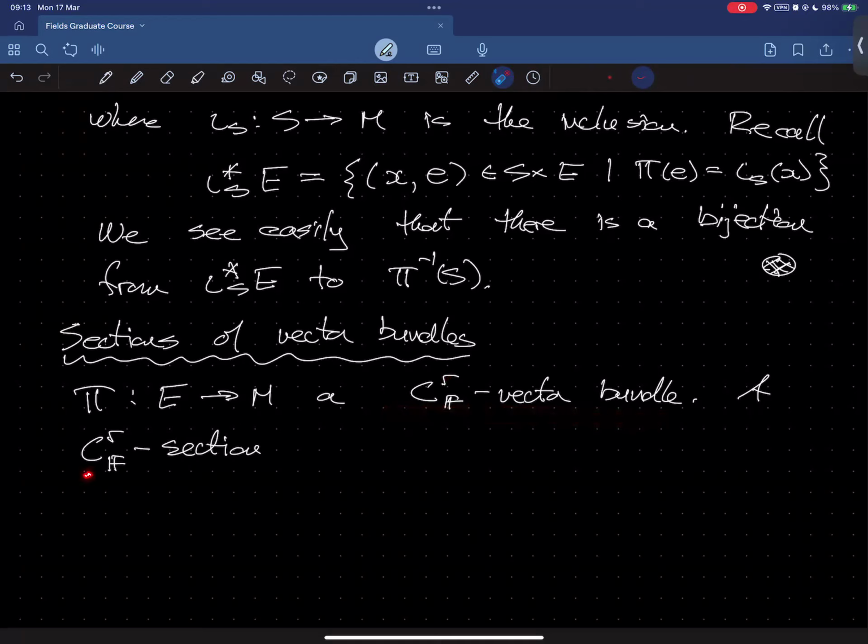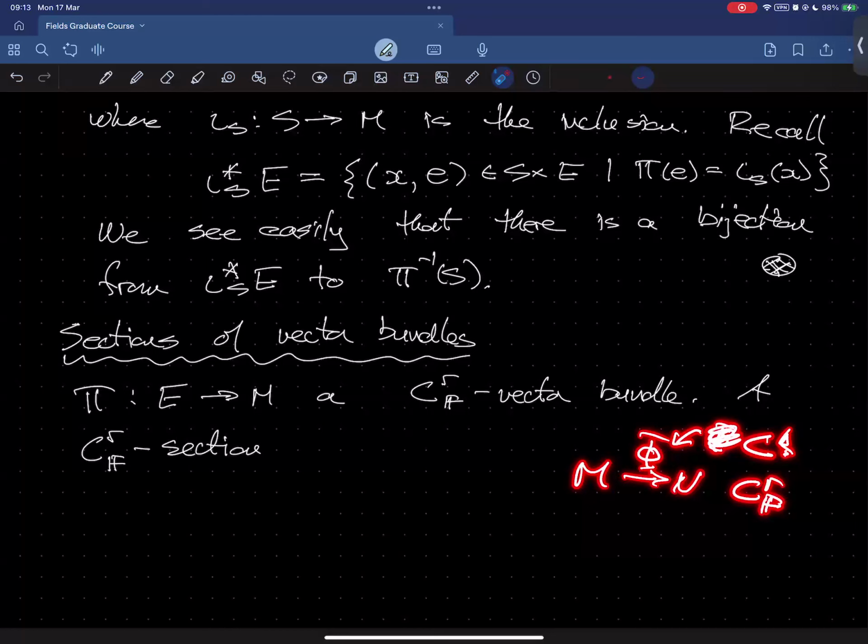And then if you have two C^r manifolds, M and N, you can have a mapping between them which is C^k, where k is less than or equal to r, because any C^r manifold is obviously also a C^k manifold. So sometimes in the course text you'll see that I say a C^r vector bundle with C^k sections where k is less than or equal to r.